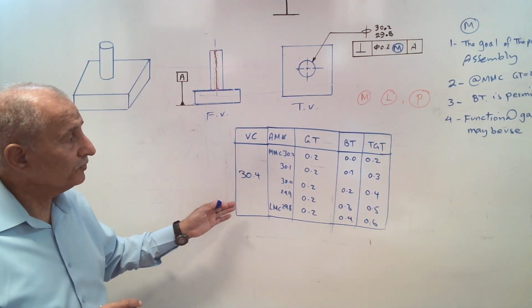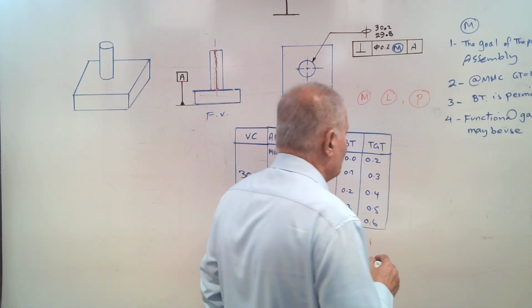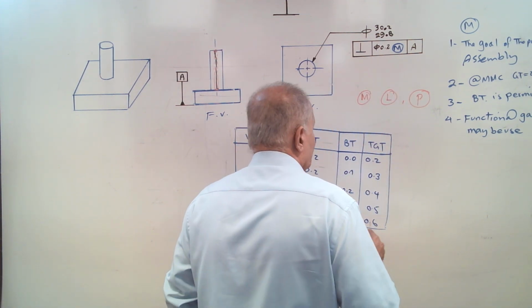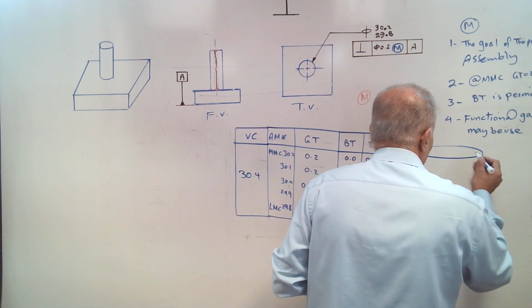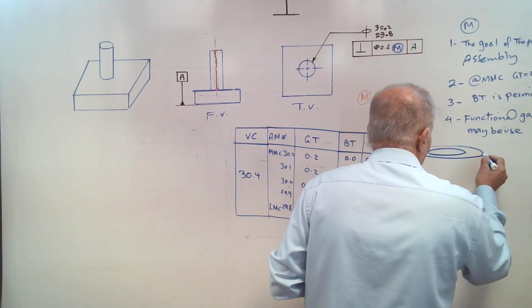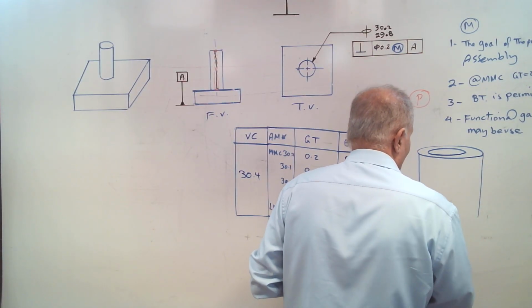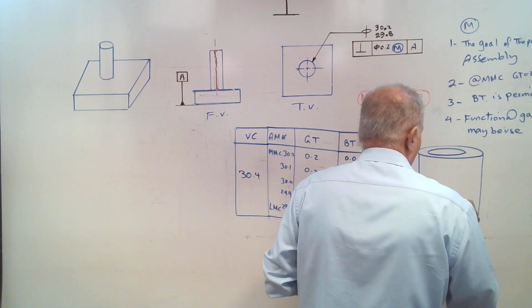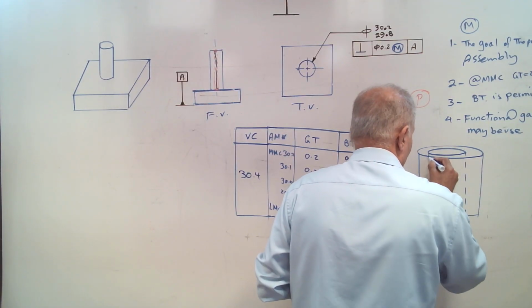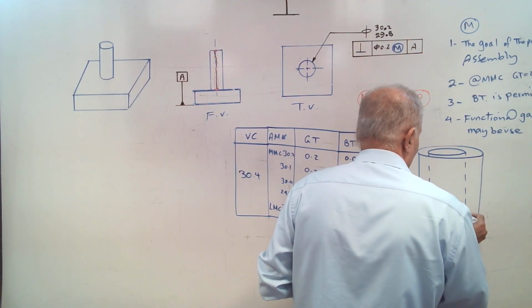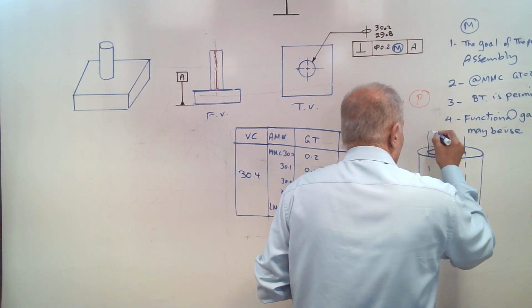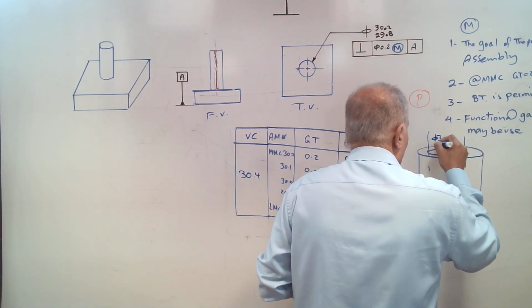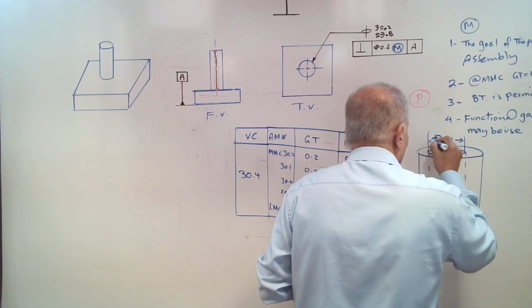This is if you use a gauge for that one, for example, a ring gauge, something like this. Then this size should be 30.4.